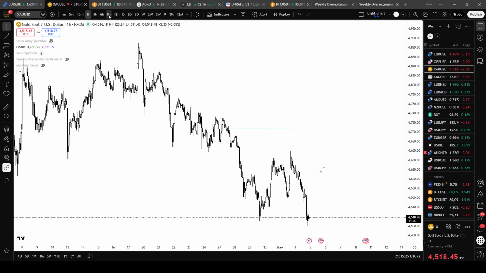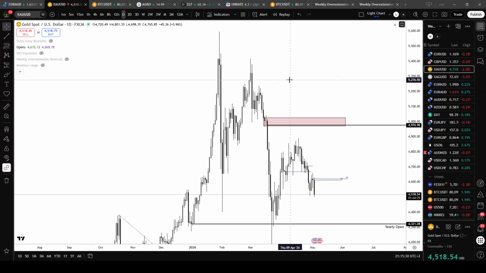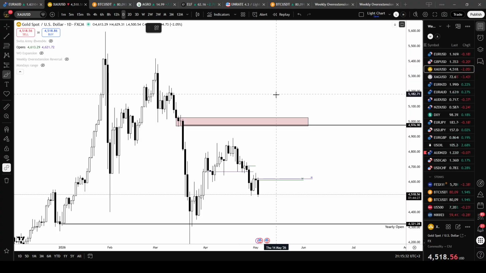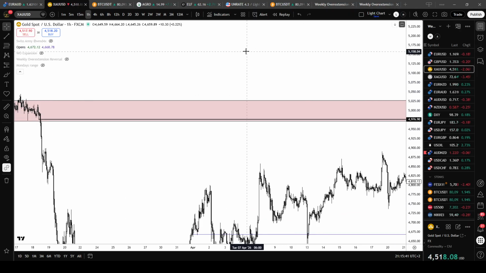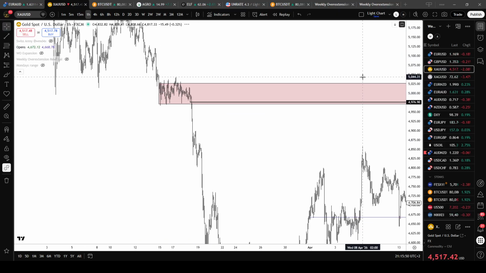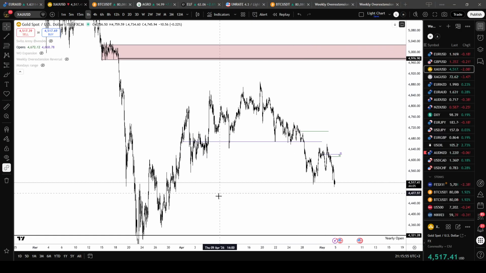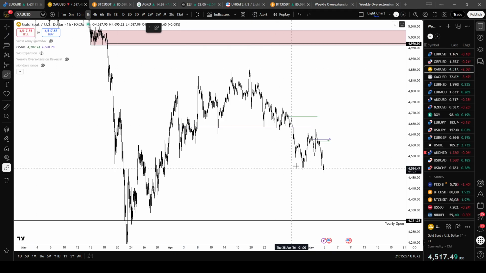Now let's look at gold, because I did think that gold was a great shorting opportunity at this area here, since we have a naked level here into this huge selling origin, but the market hasn't found the strength to test that, so the market is pushing lower.